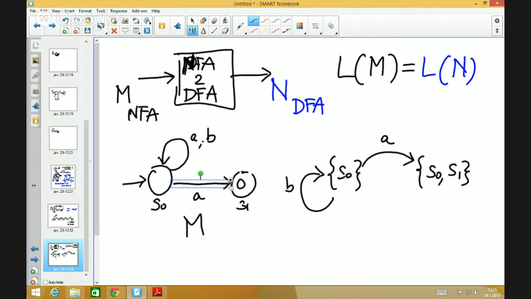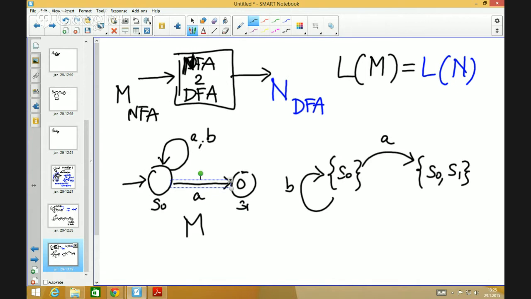Now let's look at what happens if I'm in state S0, S1. Now this will be a state in my DFA that simulates the NFA. Okay, so what happens if I am either in S0 or in S1 and I read B, say?